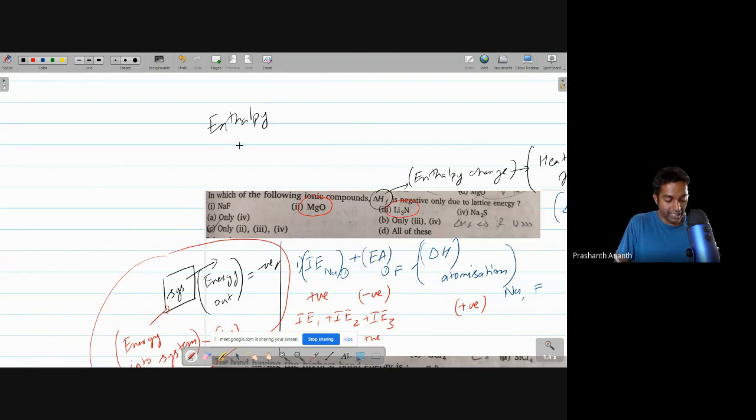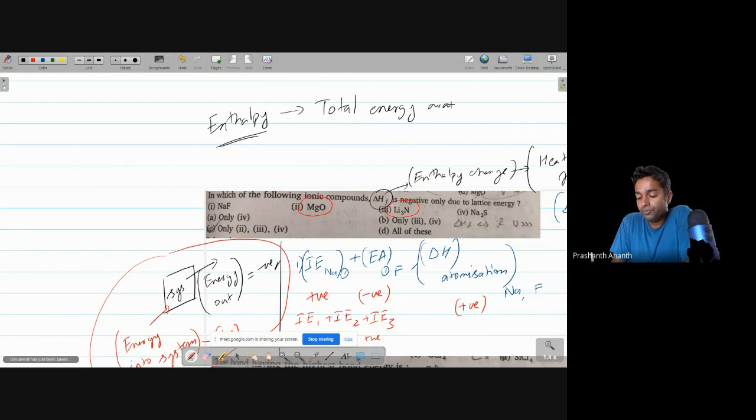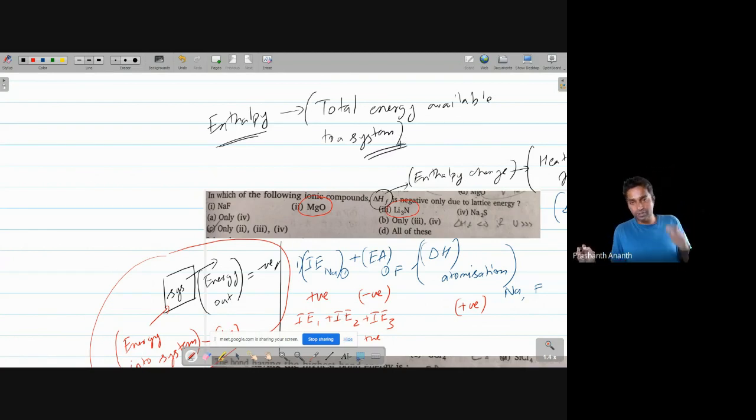you can think of enthalpy as this. Enthalpy is going to be, in the best possible way, you can imagine it like this: total energy available to a system. Total, absolutely total energy.